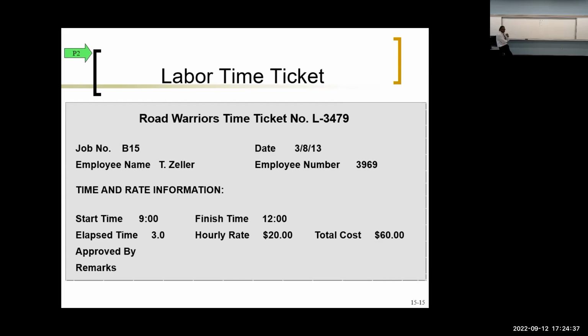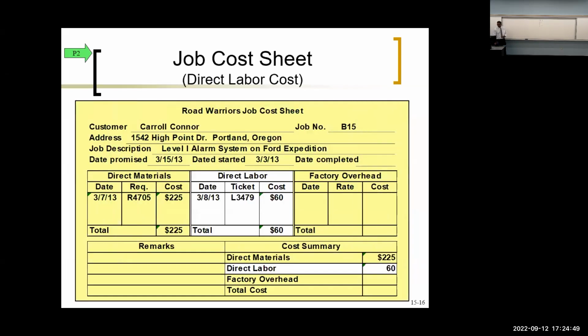We'll take that time, if you see here, this time elapses 3 hours, multiply it by their hourly rate, in this case $20 an hour, to give them $60 in total cost. And we put that $60 onto the sheet as direct labor. Any questions about how to find direct labor?